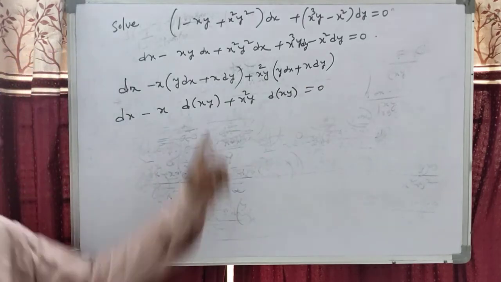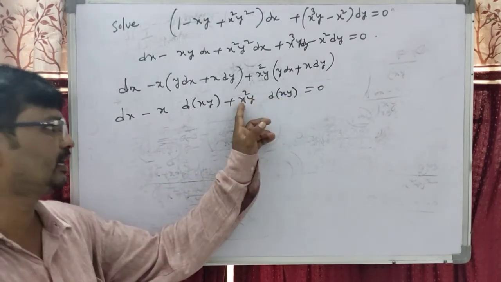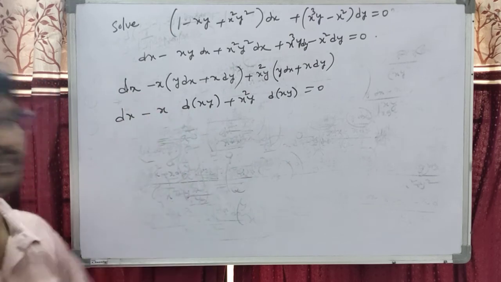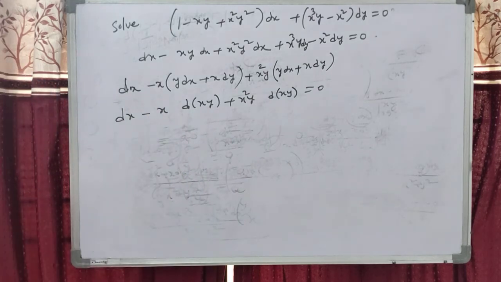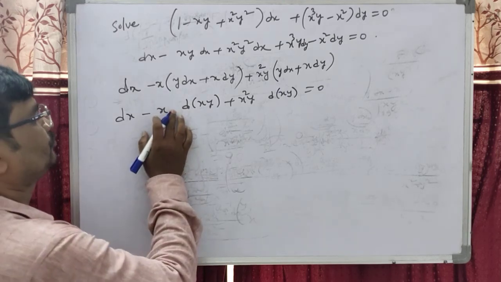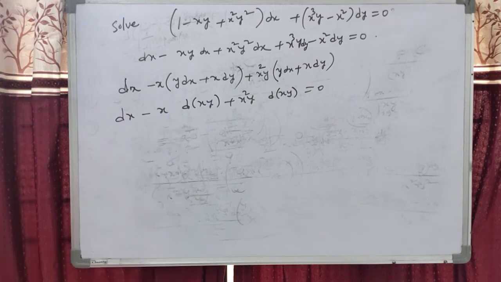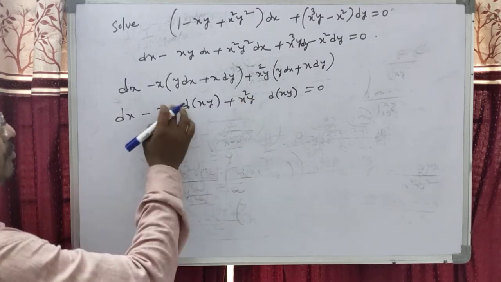Now students, xy is there, and here also xy is there, but here x square y and here only x. So listen. The entire expression we can multiply with y.